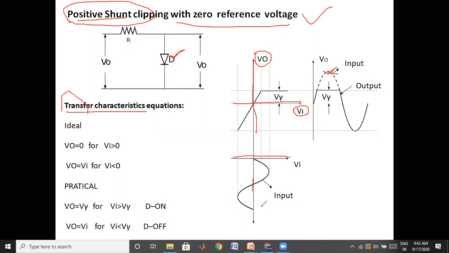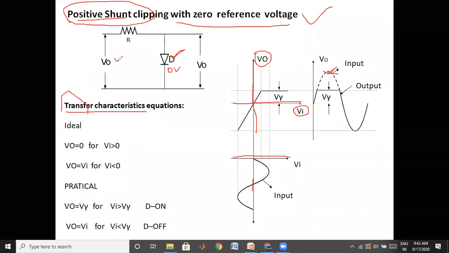Therefore, in a positive shunt clipper, our cathode is connected to the zero potential, and if the input is positive, that means in the positive cycle the diode gets short circuited. But here I have taken a practical diode.